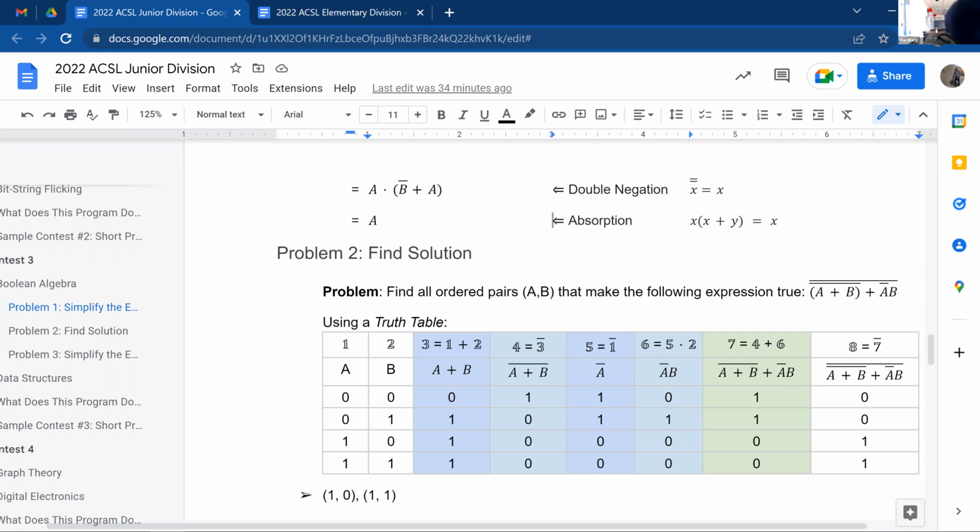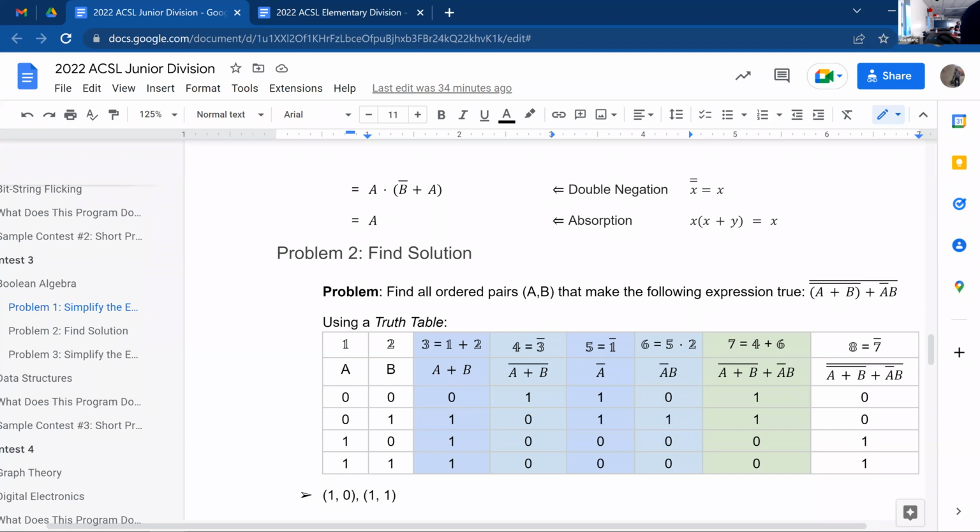Or you can lay all the values out with each individual component. What we have here is A or B. This column is A or B, and we calculate A or B from these values.